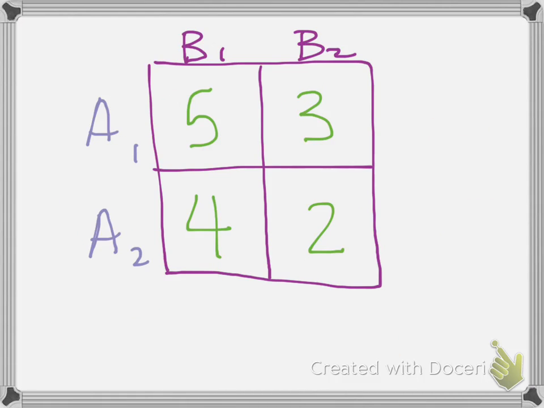So for letter B, to get the main effect for factor B, you would need to average columns instead of rows like we did for letter A, columns B1 and B2. As you can see, I used my same numbers to make it easier. So we're going to do the columns instead.